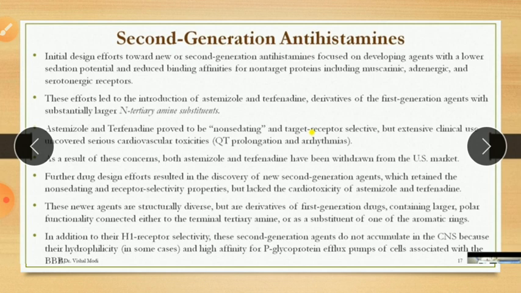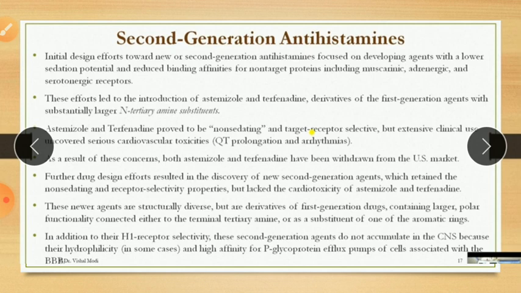So astemizole and terfenadine proved to be non-sedating and receptor selective, but extensive clinical use uncovered serious cardiovascular toxicities.